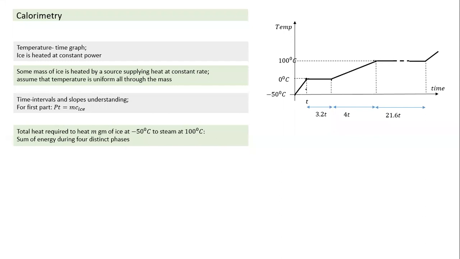For m grams, this amount of heat will be equal to m into 0.5 into 50 for the first step, plus m into 80 for 0 degree ice to 0 degree water, plus m into 1 into 100, plus m into 540. So this is the figure you should have in mind. This is why, if we understand how to calculate the heat required to go from one point to another, we can solve all such questions.